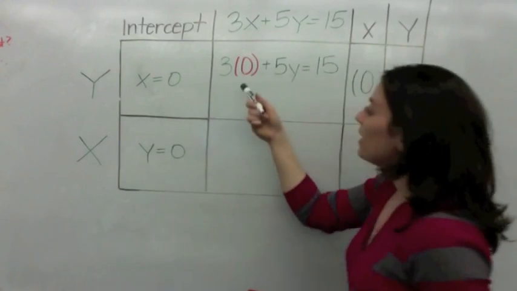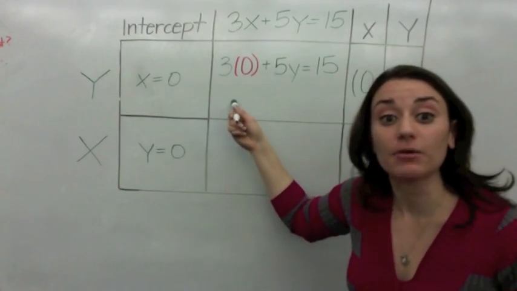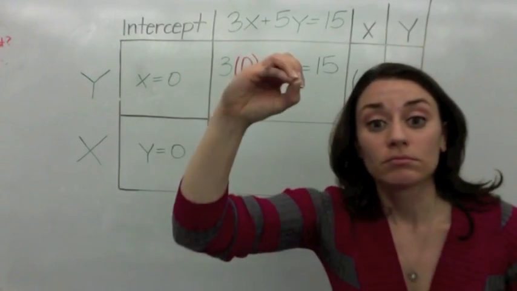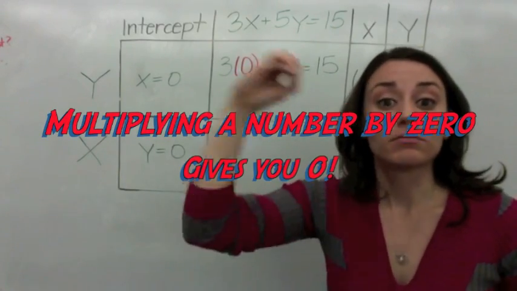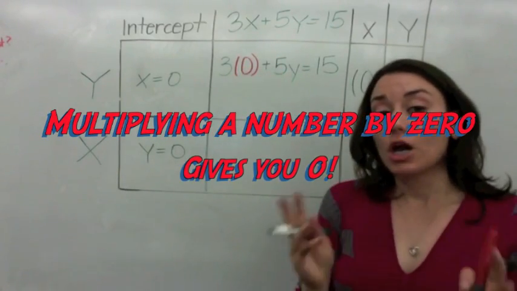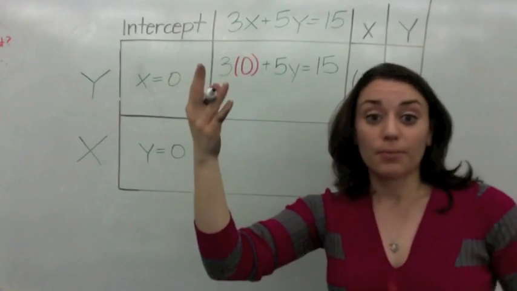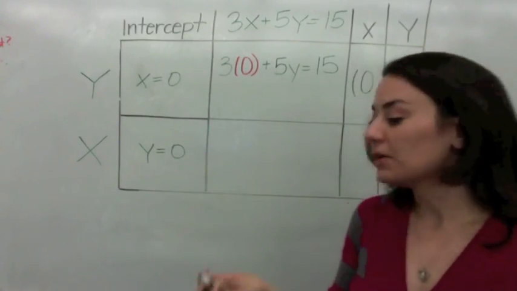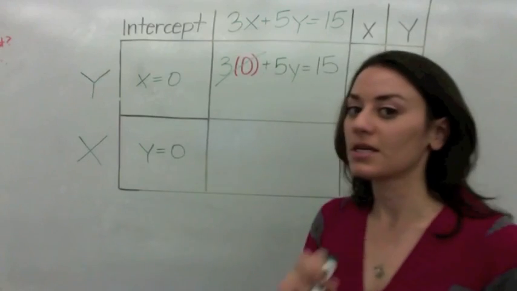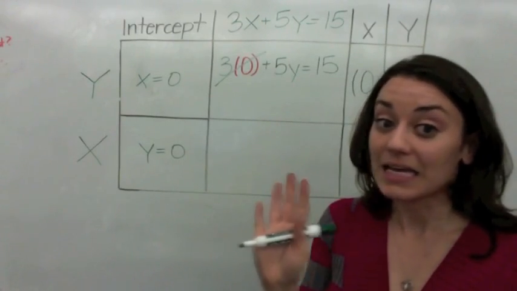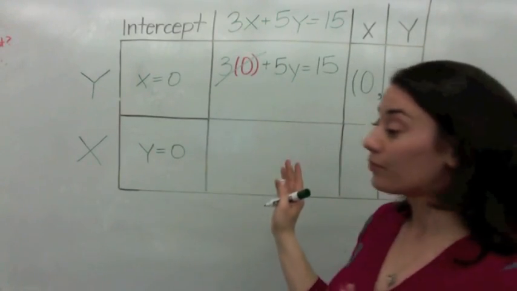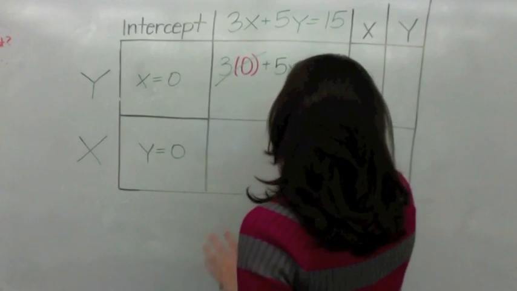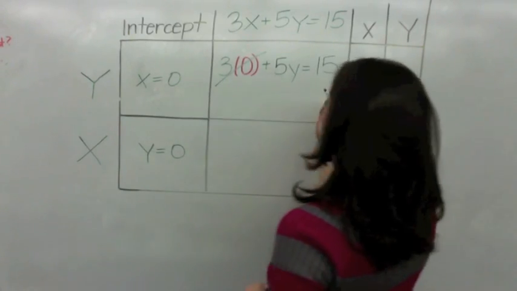Now, whenever you multiply a number by 0, you get 0, exactly. So you know how when you have a positive number and a negative number, they make 0? Okay, this is the same idea. 3 times 0 is 0. It goes away. It's gone. Okay, you can't see it anymore. But you still have 5y equals 15.